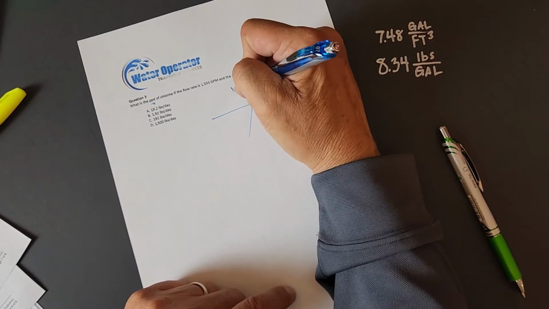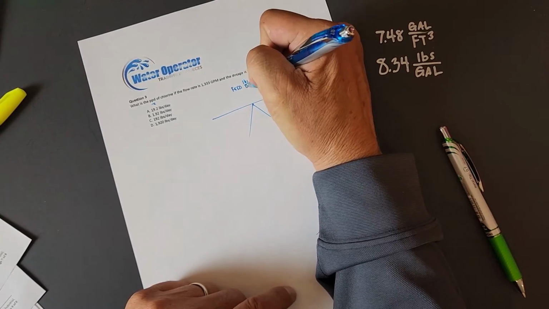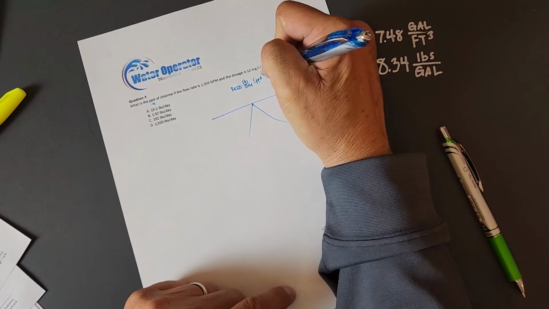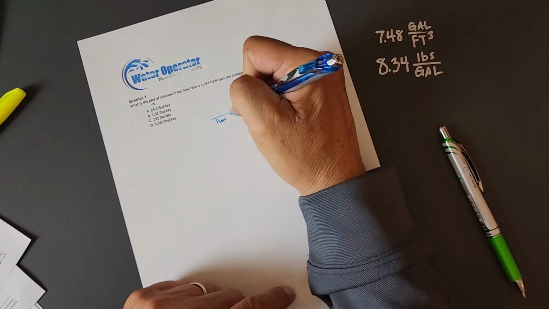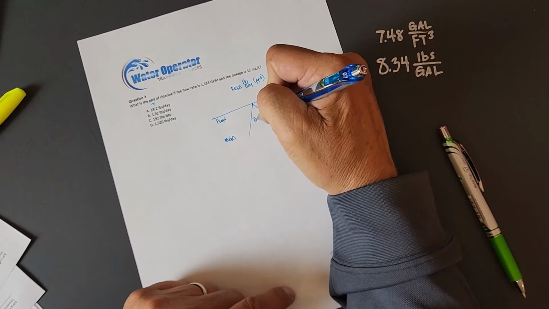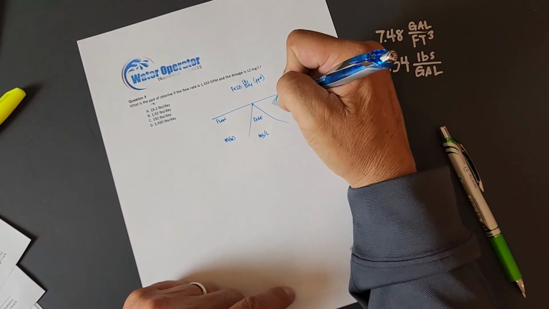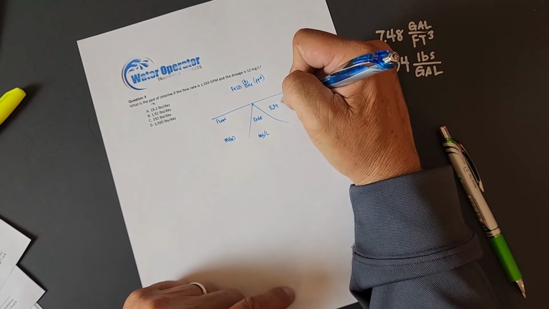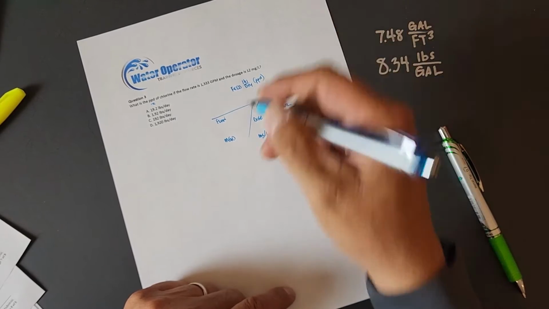We have feed in pounds per day, which is also ppd. We have flow, which is in million gallons per day. Dose in milligrams per liter, and the weight of water is 8.34 pounds per gallon.